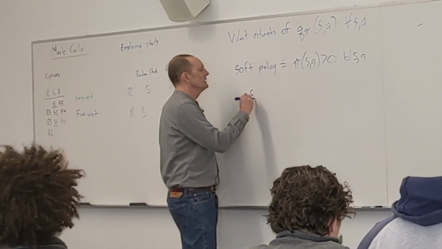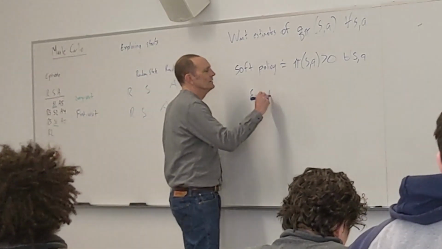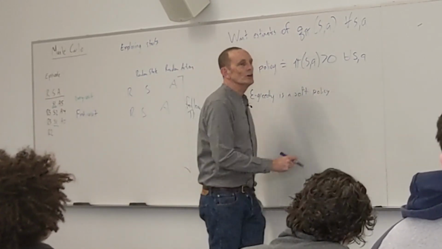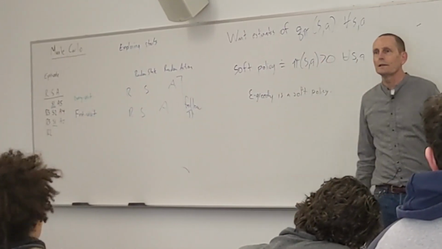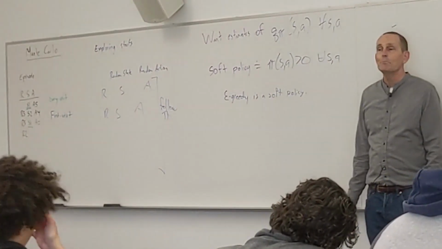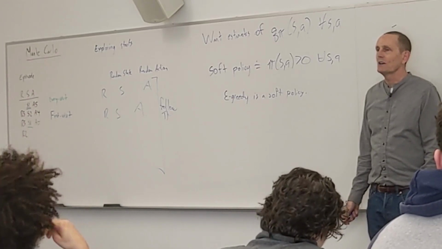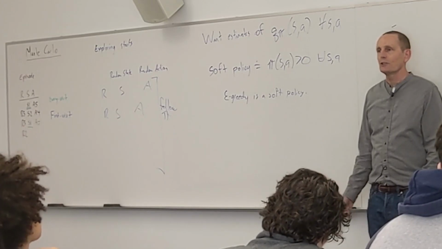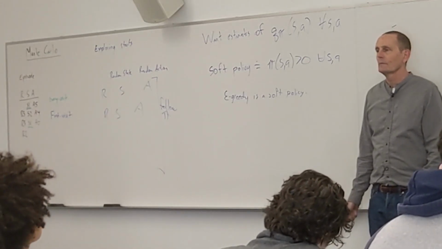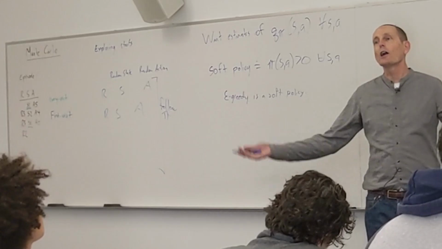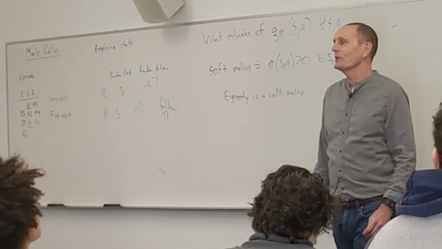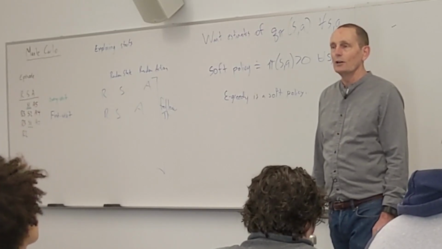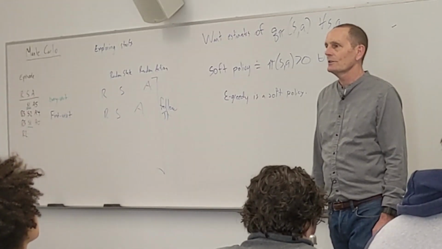Epsilon greedy is a soft policy. This is just like we did with the bandit, where we would have some non-zero chance of trying any particular action. And this way, with Monte Carlo, if we do it long enough, we're going to get our Q's to converge for all states and all actions.